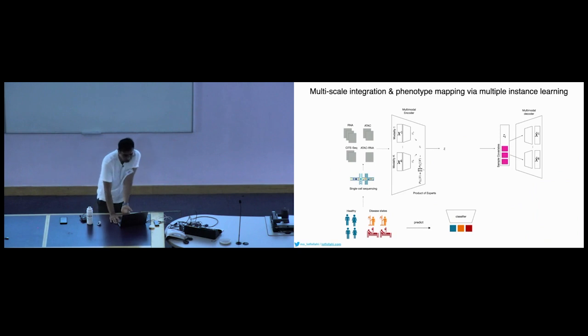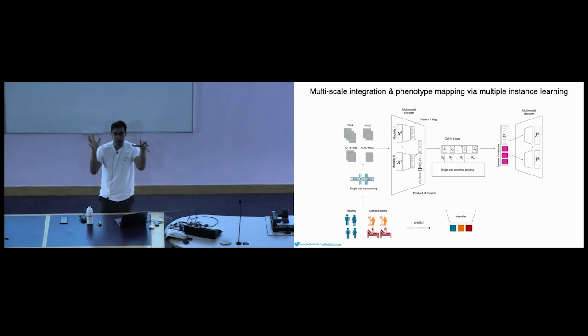So we call it multi-mill. So it's based on a concept of multi-instance learning. So we integrate across multiple modalities, but then we have a classifier that actually, because when you have data from a patient, you don't have labels for individual cells because you don't know whether they were affected by disease or not, but you have the label for the whole patient. Yeah.